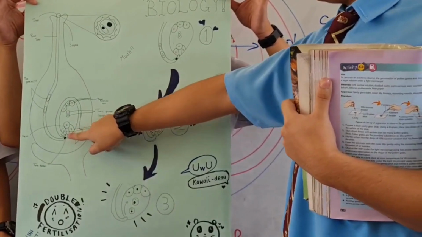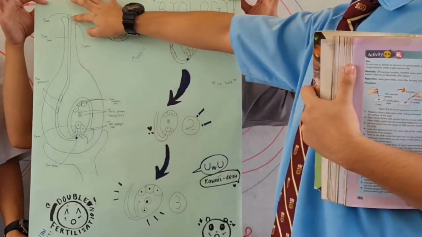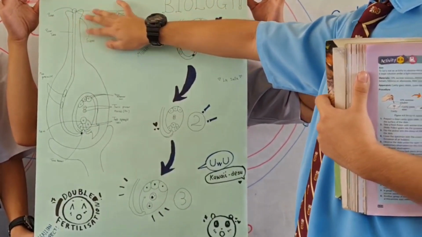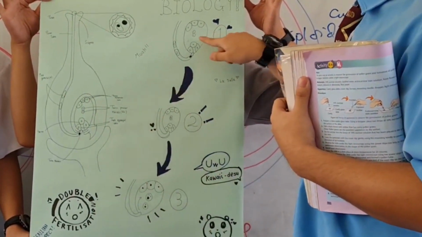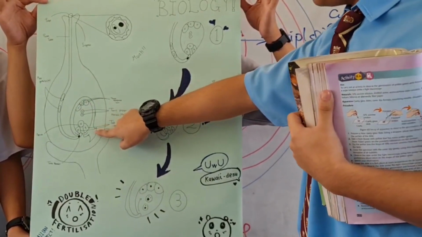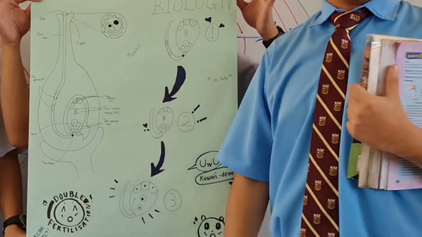At the same time, the generative nucleus will enter the pollen tube and undergo mitosis to produce two male gametes. Okay, so the first male gamete will fertilize with the egg cell to produce a diploid zygote.